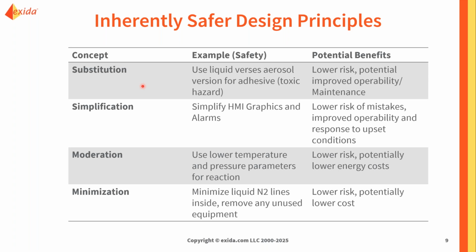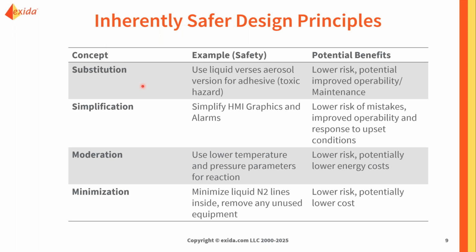But when they looked at the comparison of what would go wrong if there's a loss of containment, if you had a leak of the liquid version, it was in a contained area, so it would have limited spread. And unless someone was right in the area where that leak occurred, there was a relatively low likelihood of having a serious injury or worse from that loss of containment event.